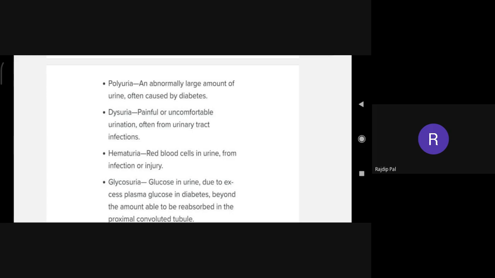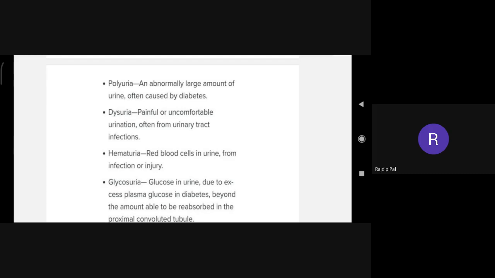If more than this amount of urine is passed by an individual each day, then it is termed as polyuria. Polyuria is not only the condition of diabetes, but in diabetes, polyuria is observed.